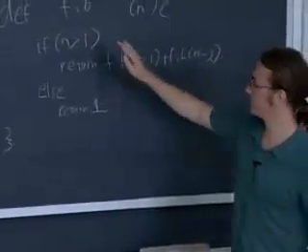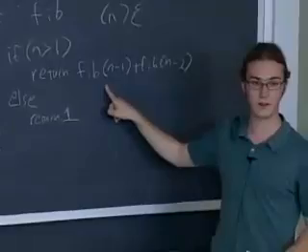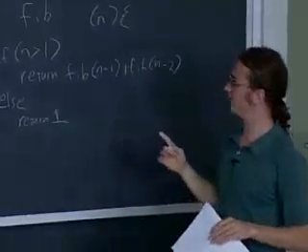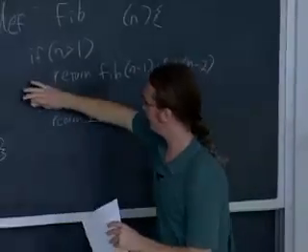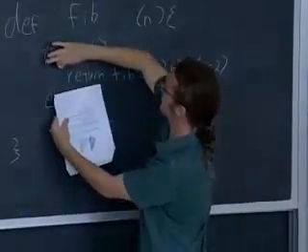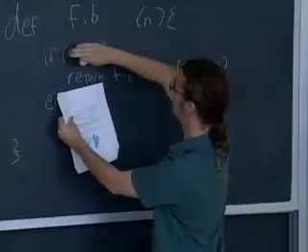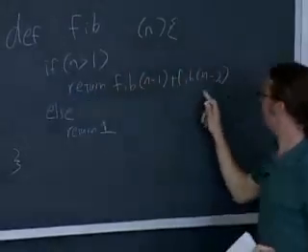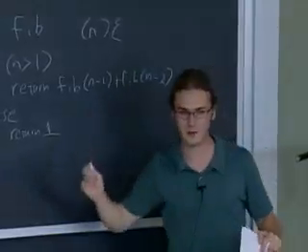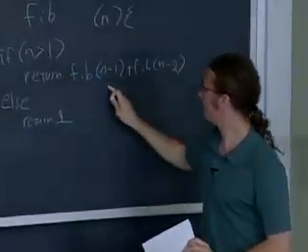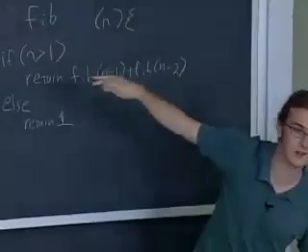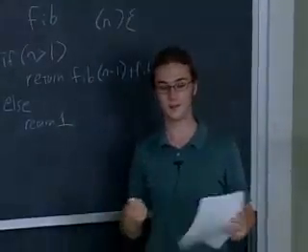Say if we didn't have these parts, if the function just was def Fibonacci, return Fibonacci of n minus 1, n minus 2, what would happen is it would call itself and just keep going infinitely, which is a problem.